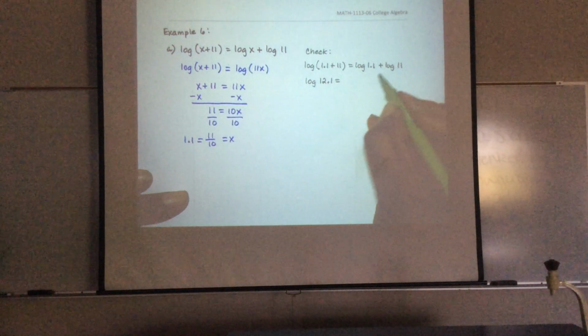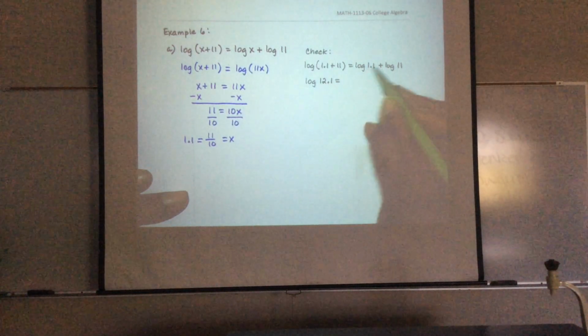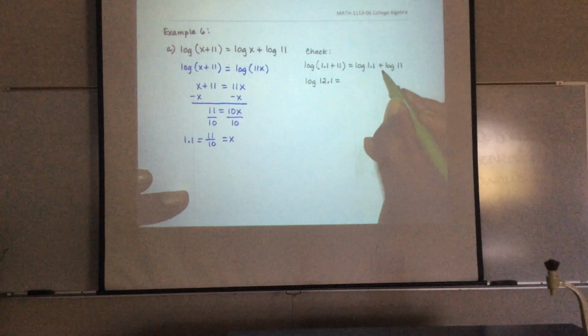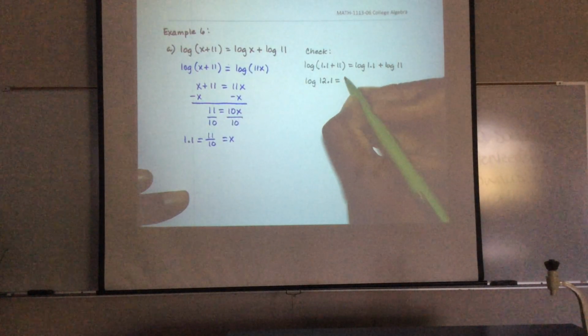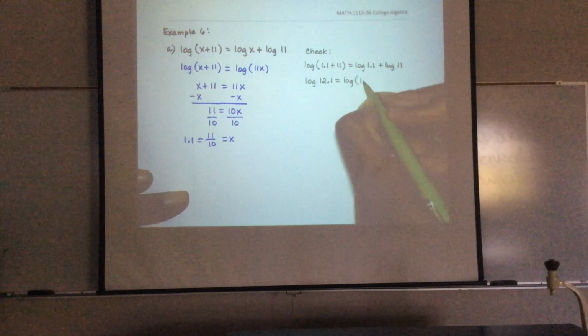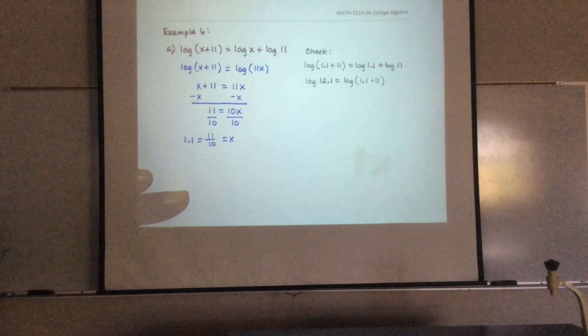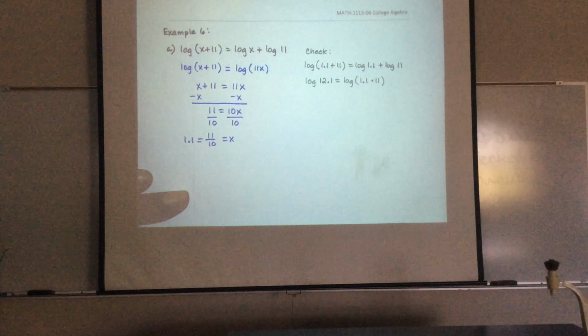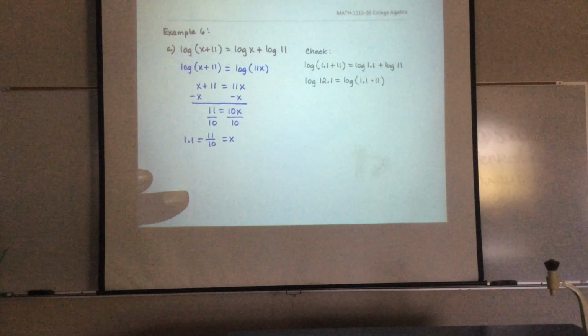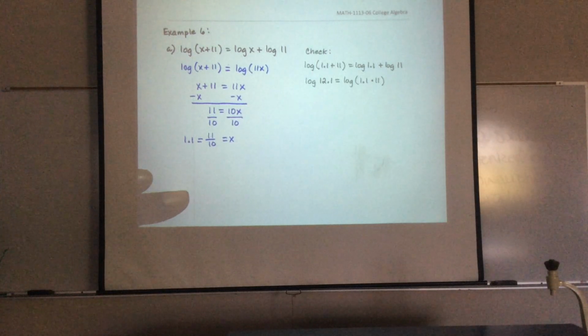Equal to, now on the right side, I got the sum of the individual logarithms. I'm going to write that as the log of the product. So this will be the log of 1.1 times 11. And if I multiply 1.1 times 11, I'm going to get 12.1.